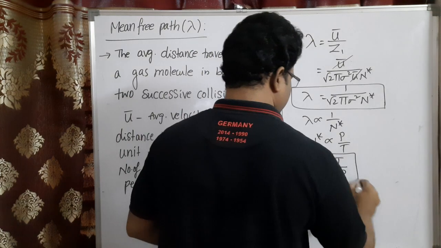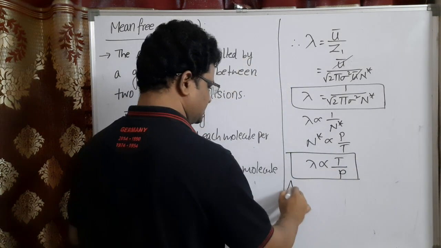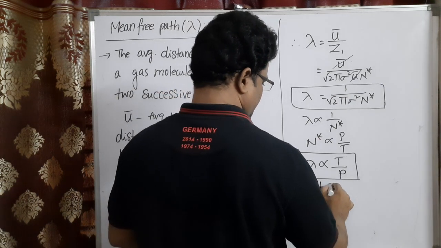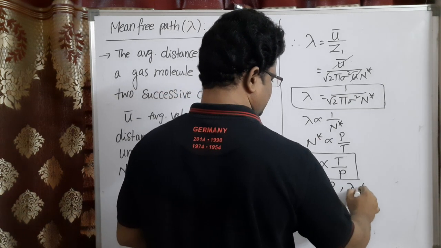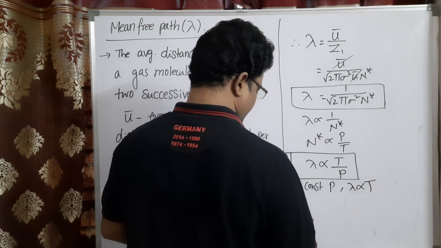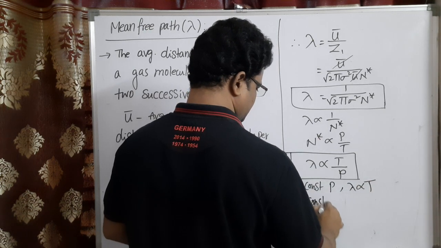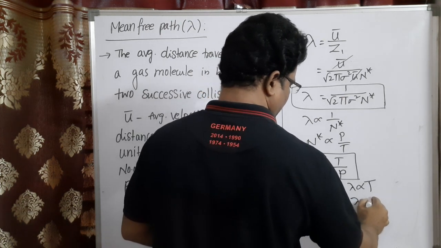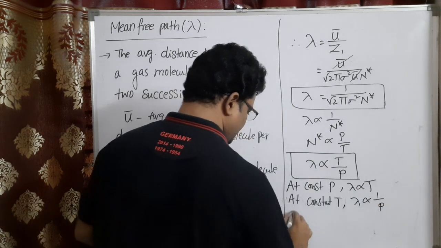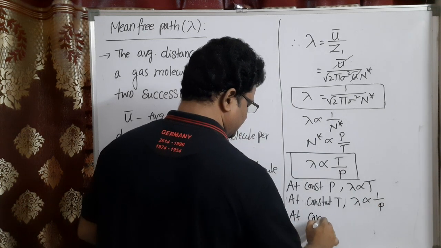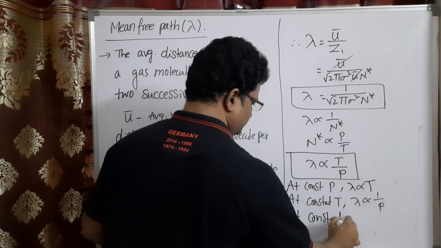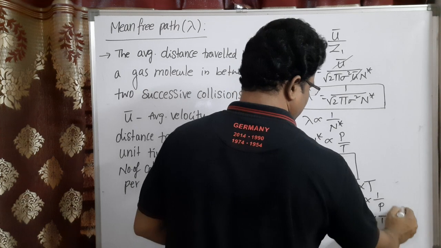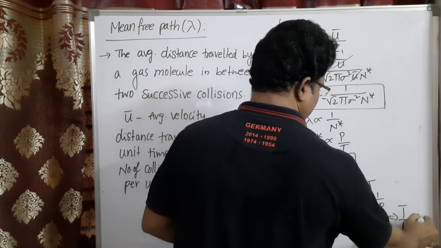So with this expression we can again discuss the relation. At constant pressure, lambda is directly proportional to temperature. At constant temperature, lambda is inversely proportional to pressure. Now see, at constant volume, P is proportional to T, which implies T by P becomes constant.